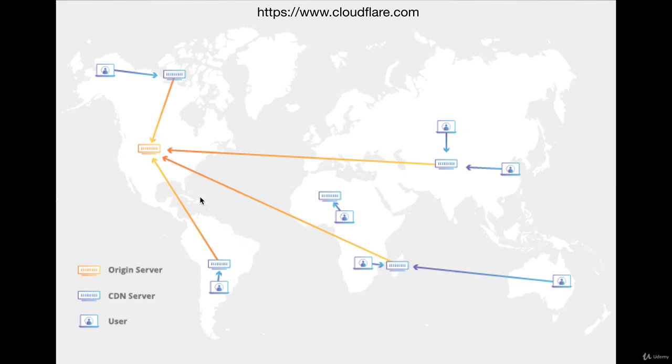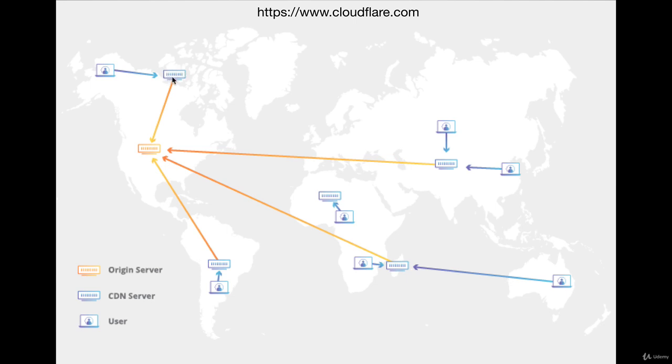When a user requests a web page, let's say the user is in Alaska, we modified our DNS configuration so that instead of coming directly to our origin server, this user gets routed to Cloudflare's servers. So they go to here upon initial request.